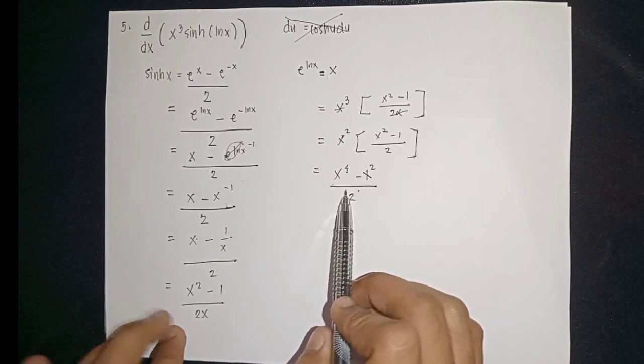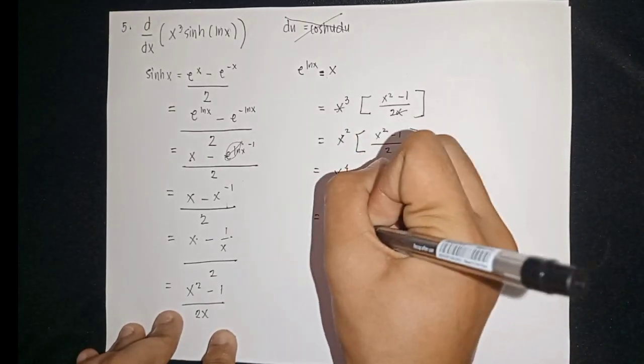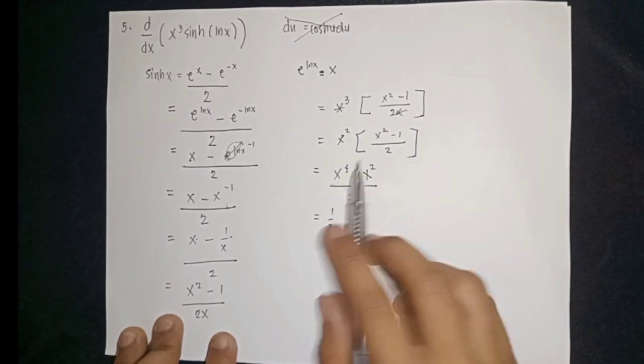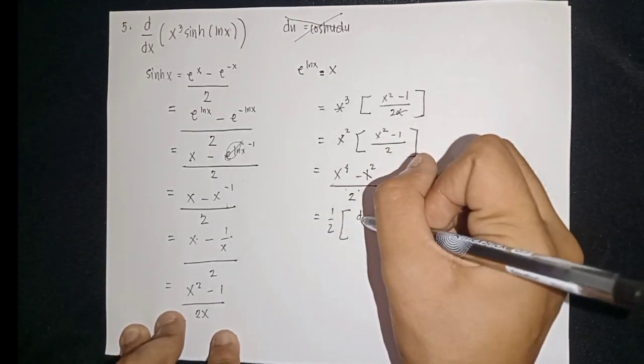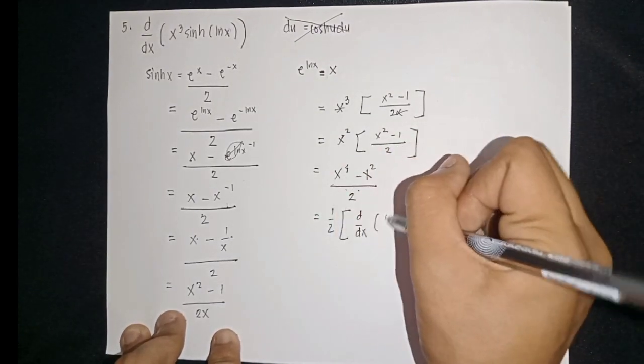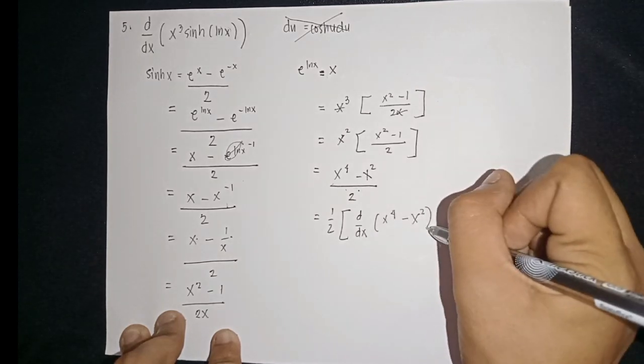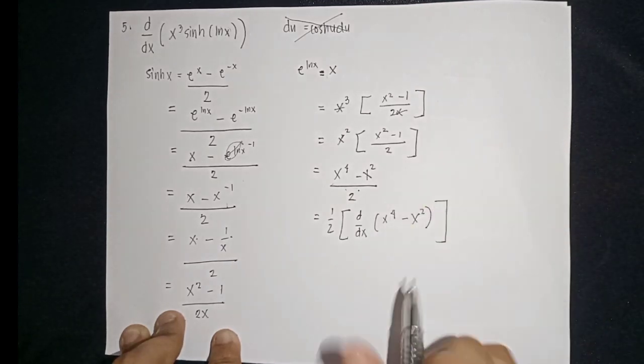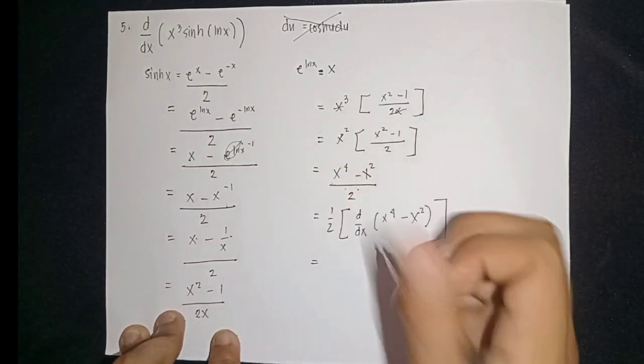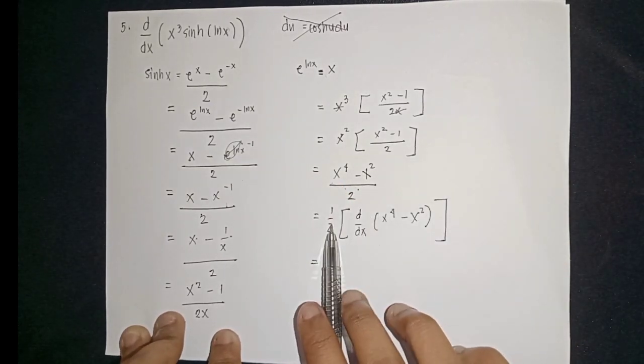So the next step is we need to get the coefficient, which is 1/2, then open bracket. We copy the derivative of x raised to 4 minus x squared. Close bracket.